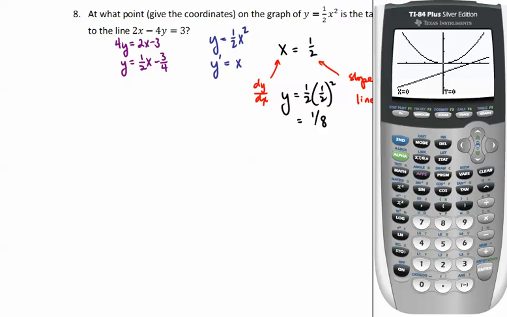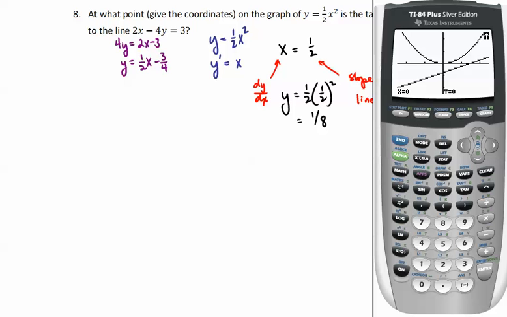So you can see that I have this curve y equals 1/2 x squared, and then I have the line 1/2 x minus 3/4, and I want to find out where the slope of the tangent line is parallel, and we said it was at about x equals 1/2, and that makes perfect sense there. Now I'm going to go in and draw the tangent line so you can see this.